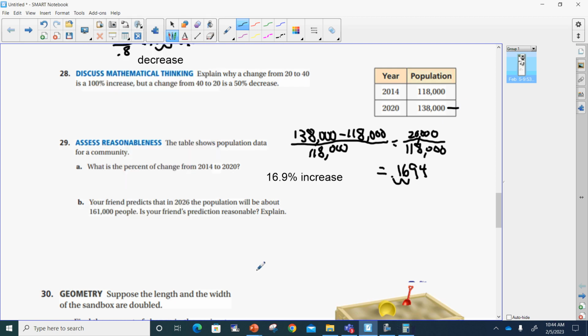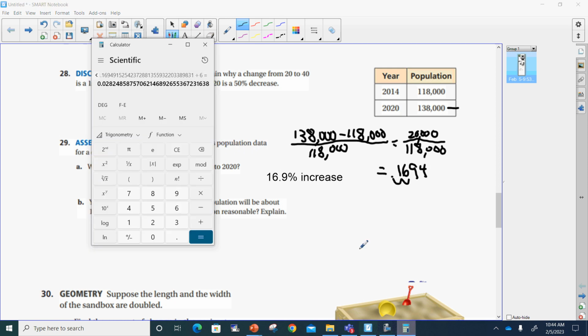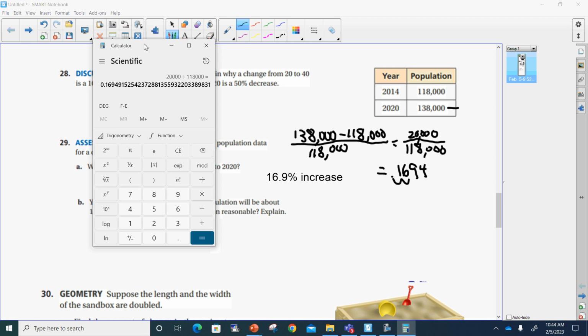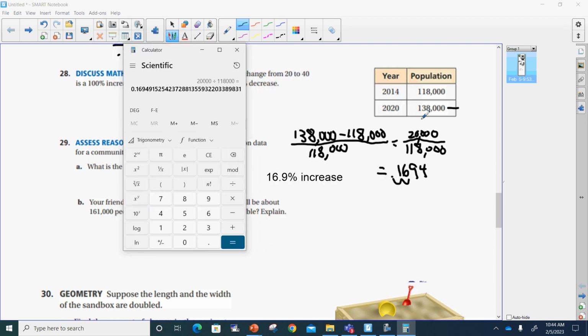So really, since this is a 6-year increase and this is a 6-year increase, I could just take that original amount, 16.9. I'm going to take the 20,000 I had and divide it by 118,000. That gave me my answer. Now I'm going to take that, since it's already in decimal form, and multiply it to the amount that I have here. Oh, wait a second, this is an increase, right?